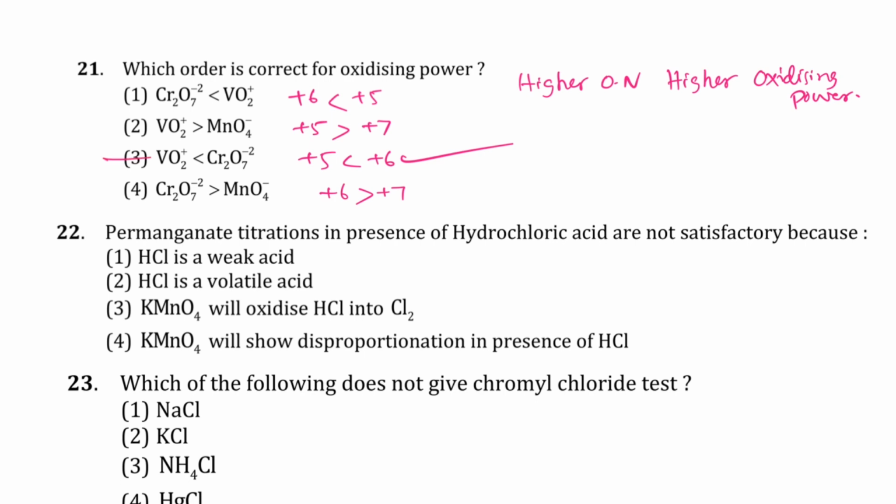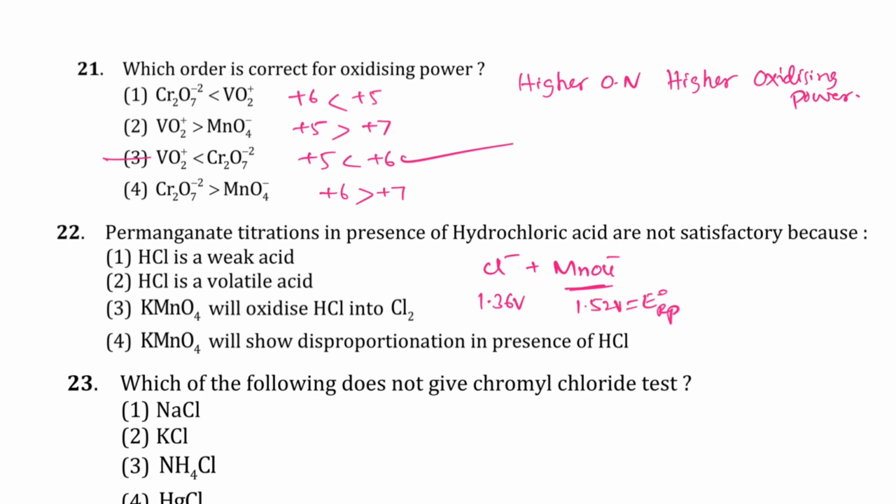Permanganate titrations in the presence of hydrochloric acid are not satisfactory, because we already know that Cl minus in HCl and MnO4 minus, a good oxidizing agent with a reduction potential of 1.51 or 1.52 volt, while chlorine has 1.36 volt.